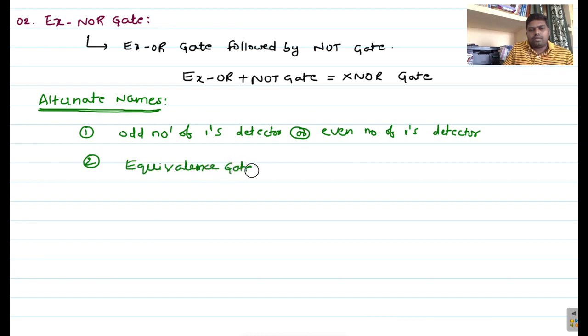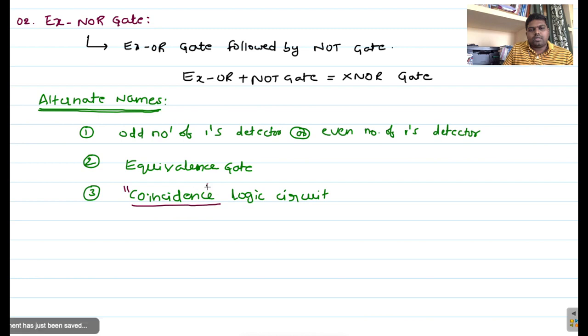Third one is coincidence logic circuit, this is very important. Coincidence logic circuit, otherwise coincidence gate.